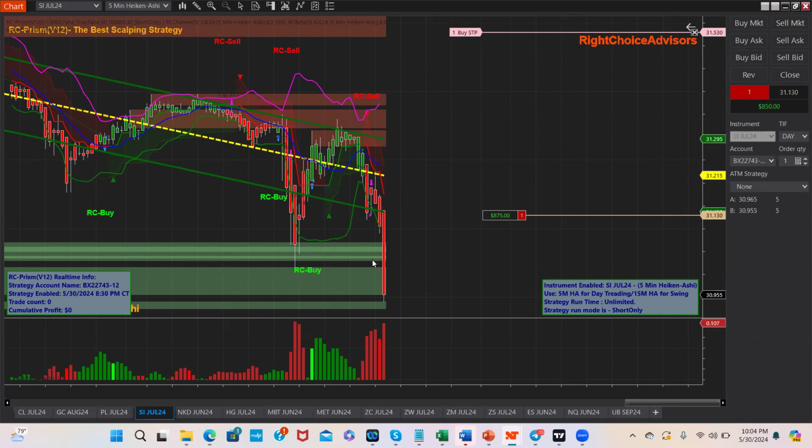Because it came all the way down, it touches the buy zone now. These are the green blocks. If you want, you can manually take the profits.